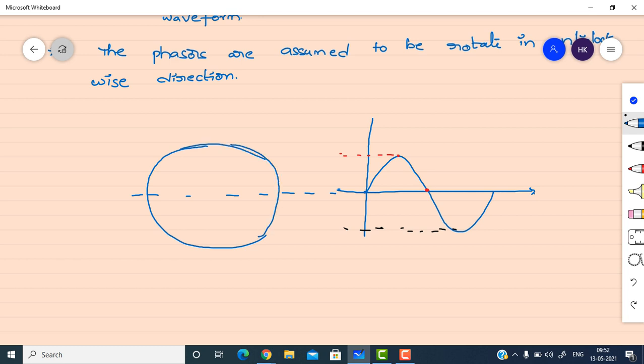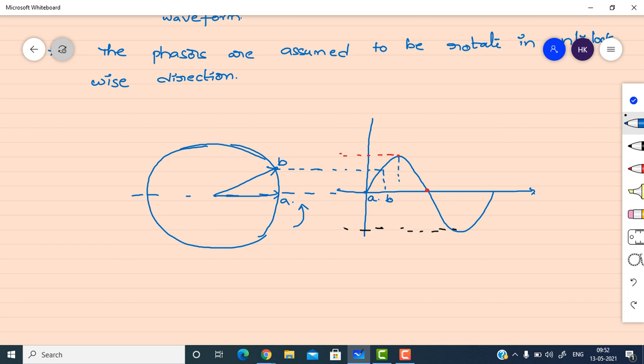The circle at this position, let us assume this is position A. At this position, the phasor is this A, and next at this position, the phasor of this waveform is B. Let us assume this is position B. See, the phasors are rotating in anti-clockwise direction.